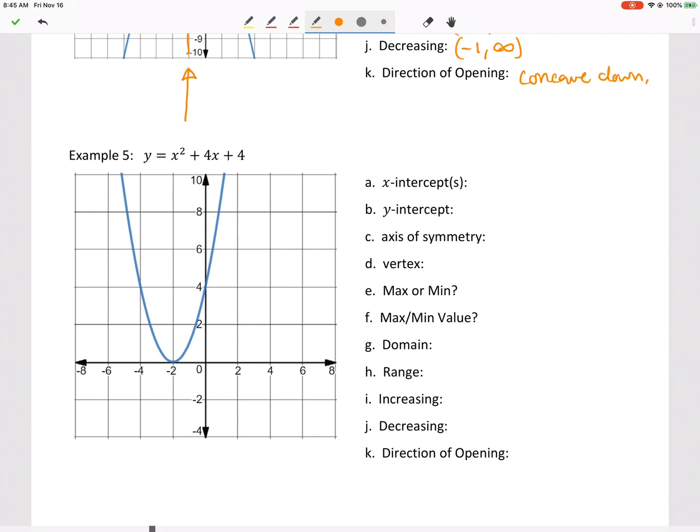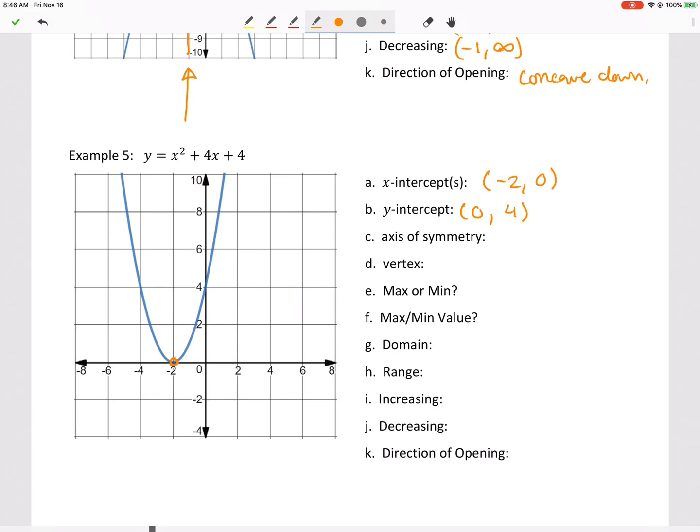Last example. X-intercept, sorry. If you look at this one, we only have one X-intercept. So we would write that as our x value is -2 and our y value is 0. The y-intercept is going to give us, our x value is 0 and our y value is 4.